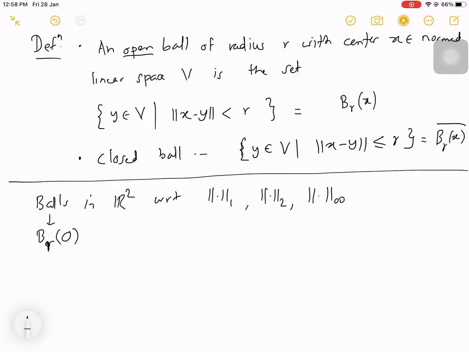So the larger of those two things cannot exceed r. You cannot go more than r in the x direction, nor more than r in the y direction. So what is left?